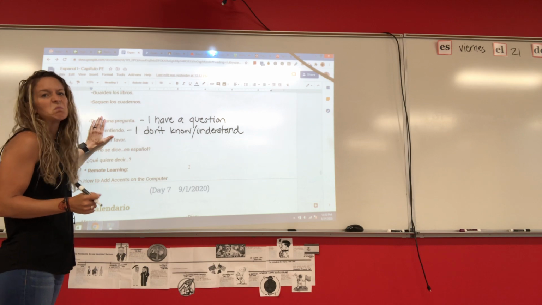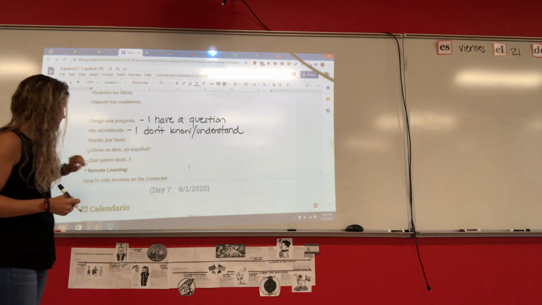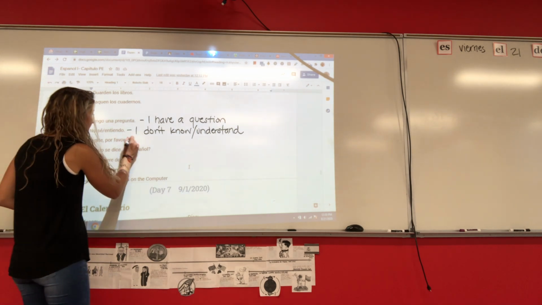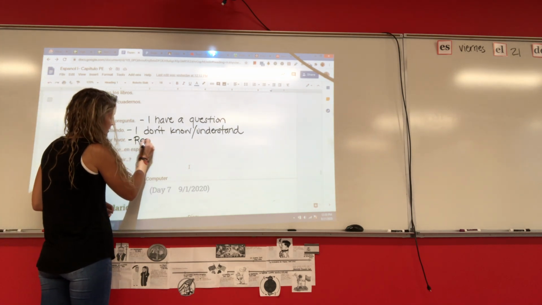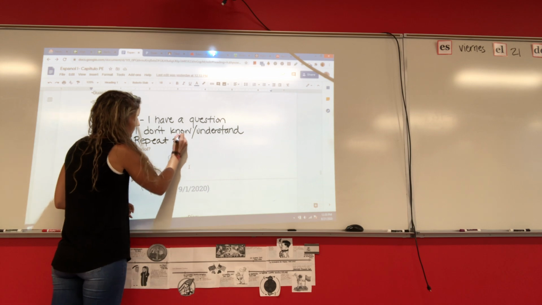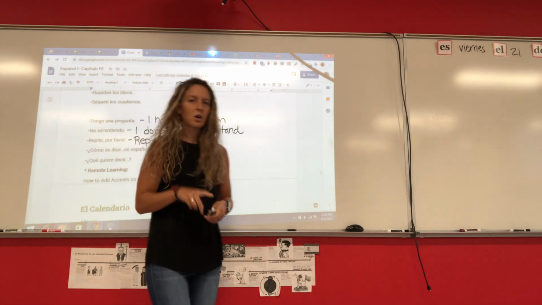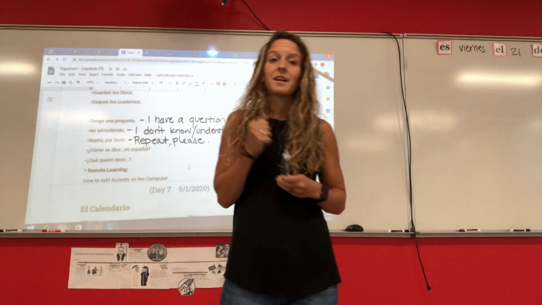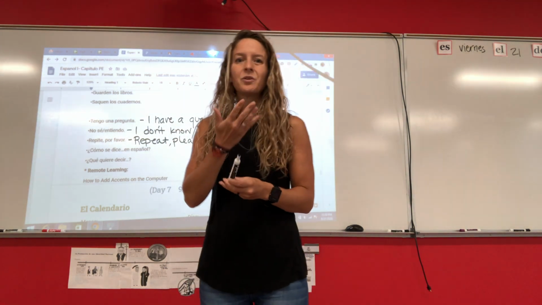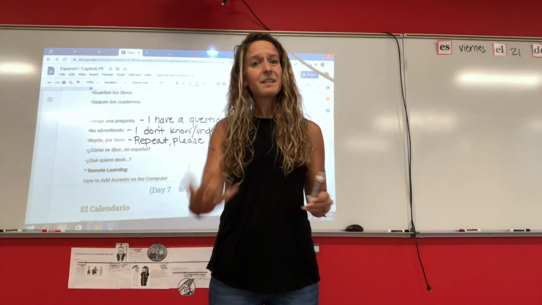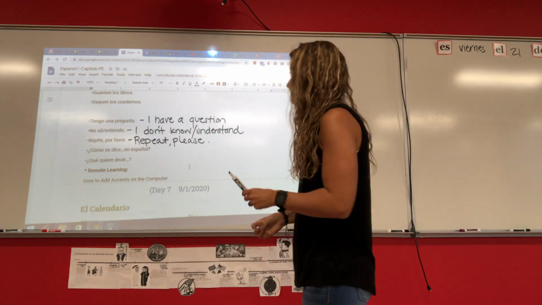I understand. Entiendo, we're good. Okay? Repite, por favor. Repeat, please. If I'm talking too quickly because I get super excited when I speak Spanish, or you can't understand me behind my mask, you could say repite, por favor, right?